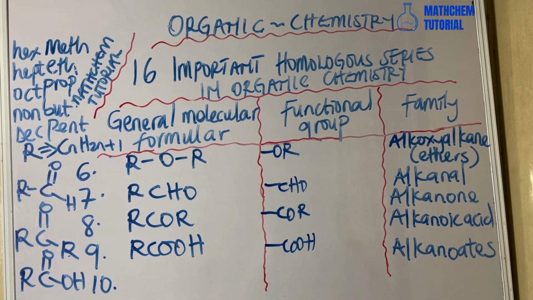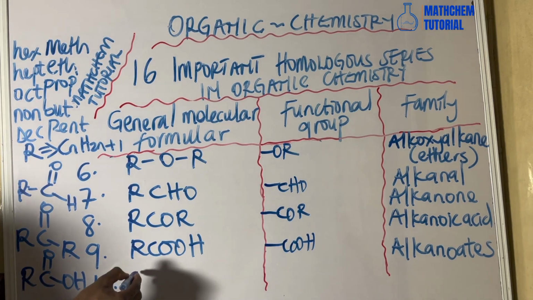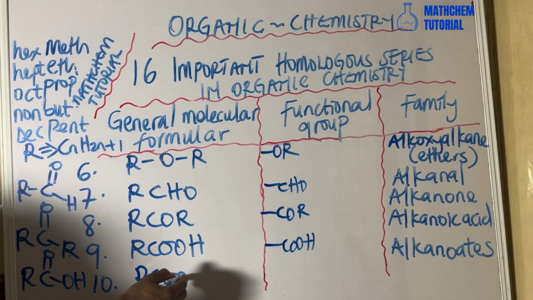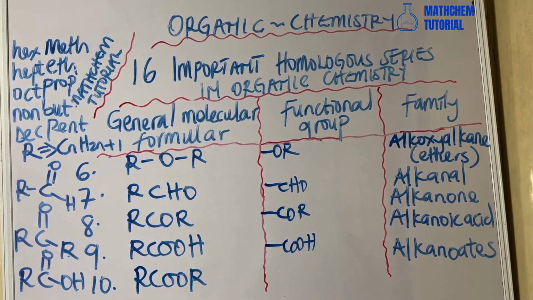Okay, so the next one is now, number 10, alkanoates. Alkanoates, also known as esters. Alkanoates, also known as what? Esters. So how does it look like? The general molecular formula for esters is going to be RCOOR. Now look at the difference between everything.